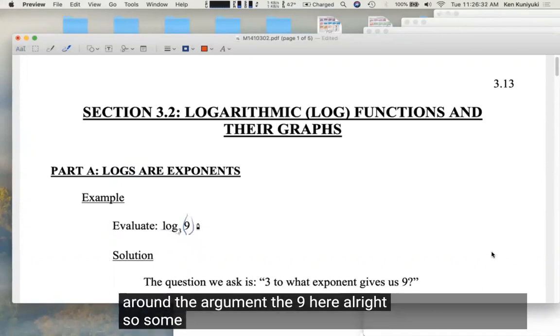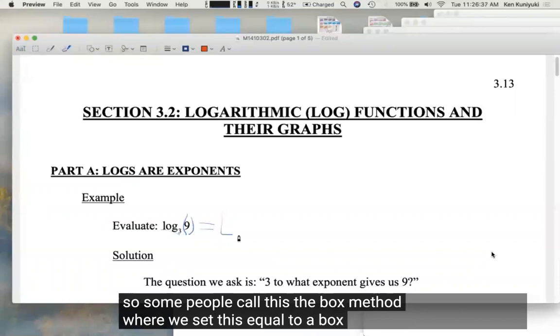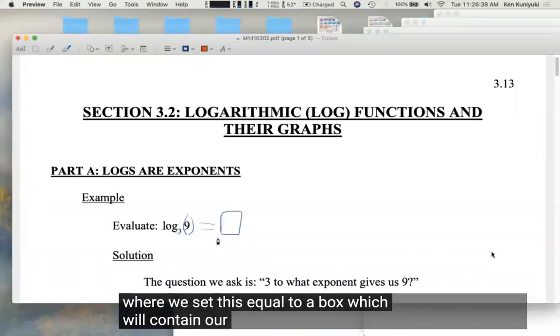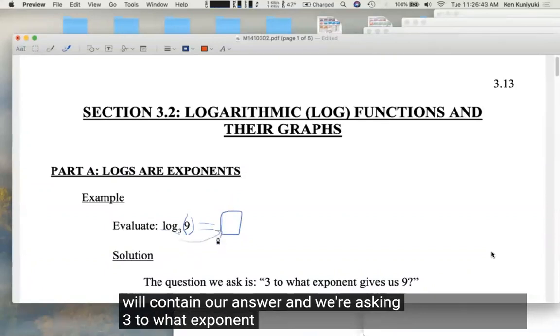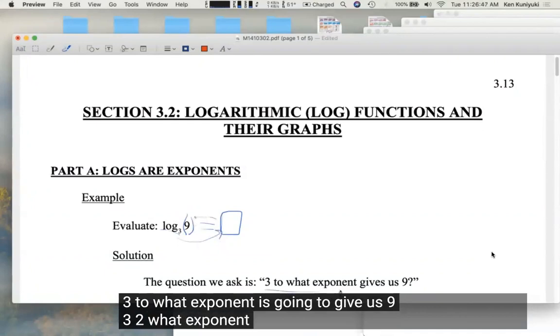Some people call this the box method, where we set this equal to a box, which will contain our answer. And we're asking 3 to what exponent is going to give us 9.